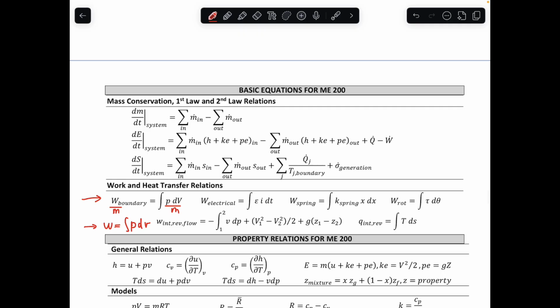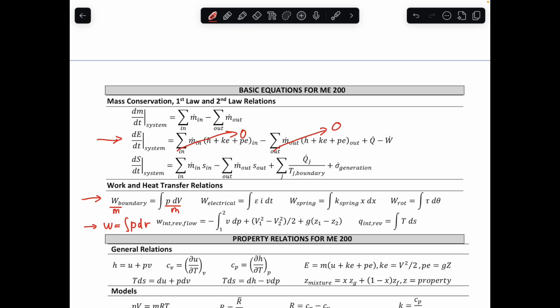And then for our first law equation, that's the one we see right here. It's written in differential form in the equation sheet, but we know that we have a closed system, so no mass is coming into the system, so this whole term will cancel, and no mass is coming out, so this term will cancel too. Then we're left with a much more simplified form.